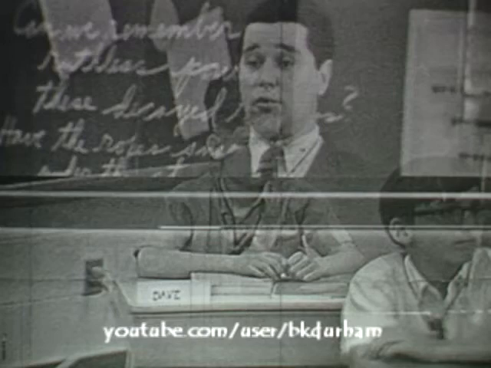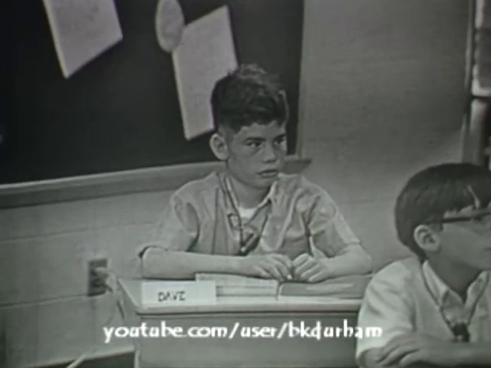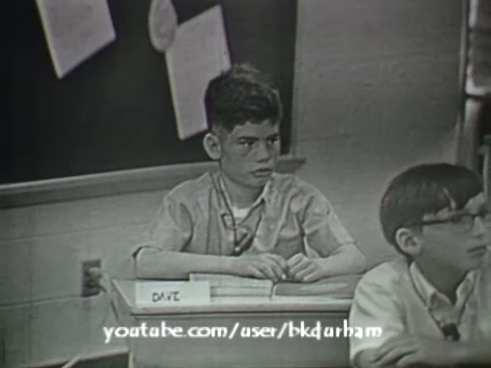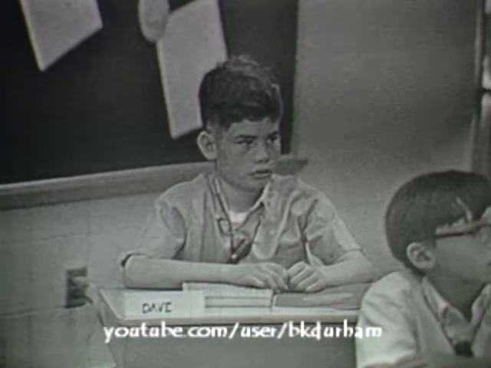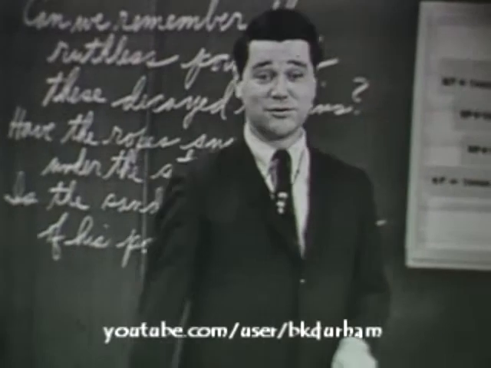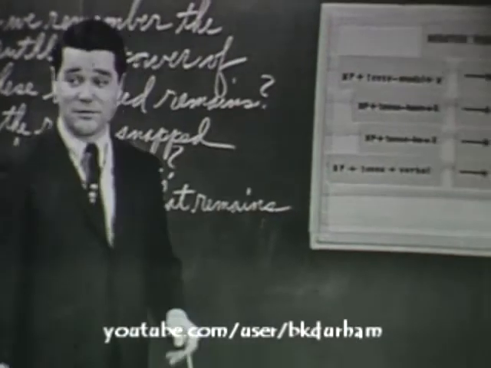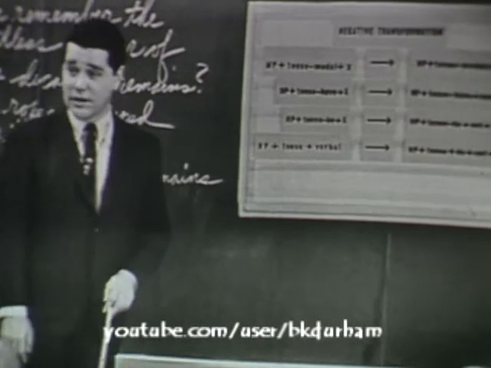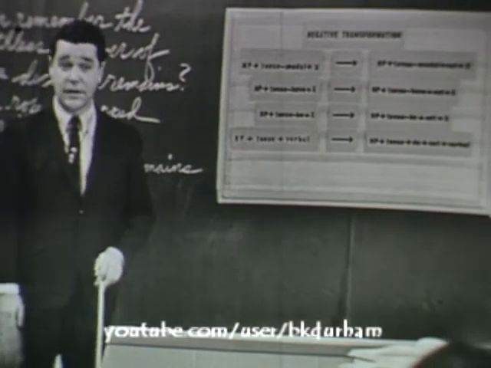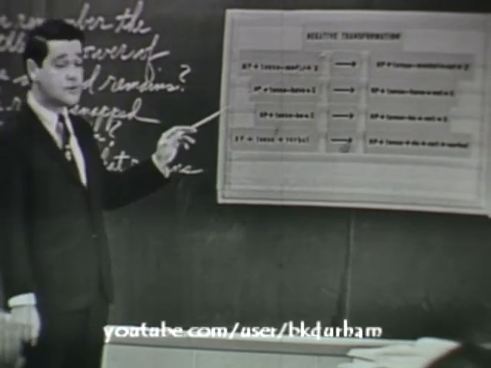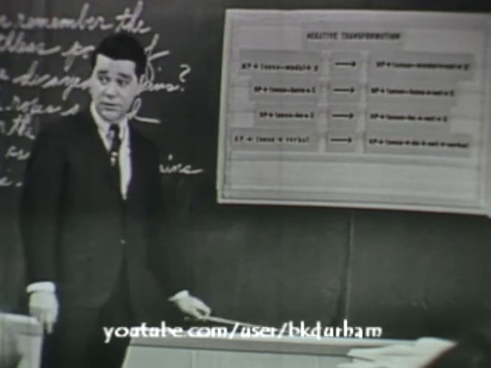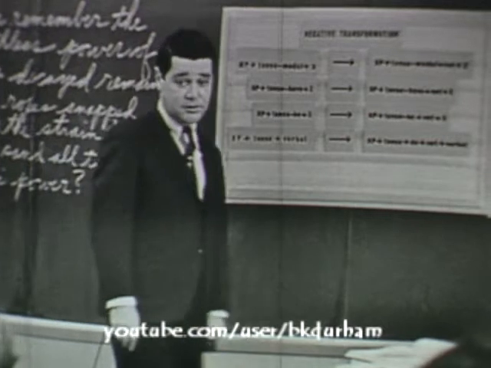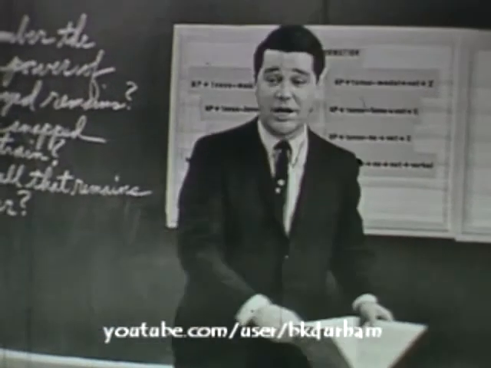So we work with the kernel and we manipulate the kernel somehow or other and come up with a more complicated sentence called the transform. All right, and the process that we use is called the process of transformation. Now, the negative transformation, which we've already studied, is very, very similar to the yes-no question transformation, which will be new for us today. Would you open your books, please, to page 82?